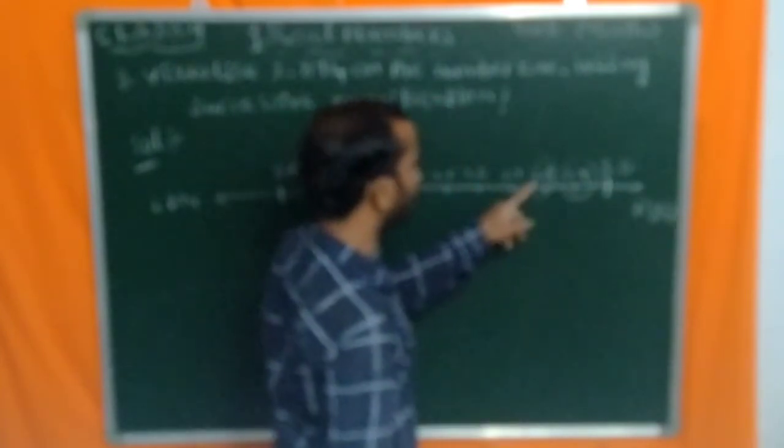Between 2.8 and 2.9 we can take 10 equal parts.